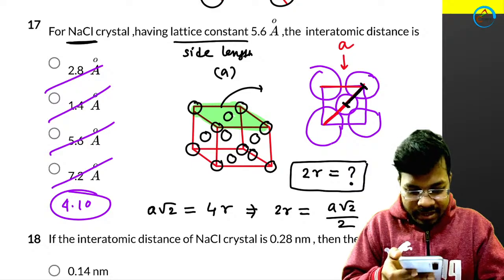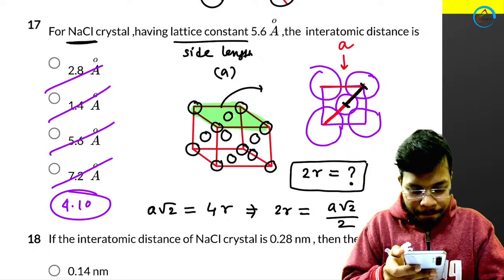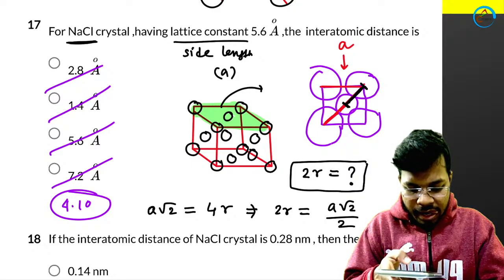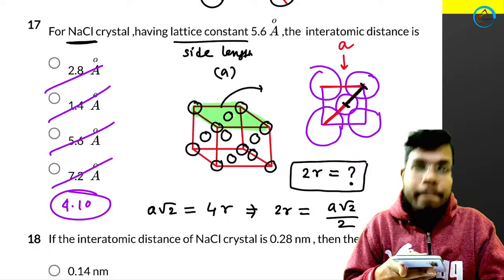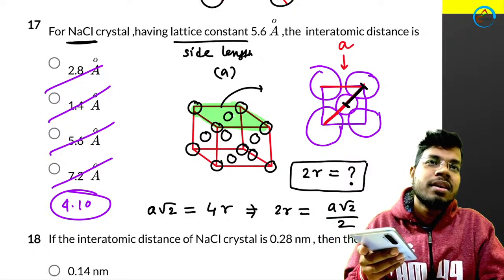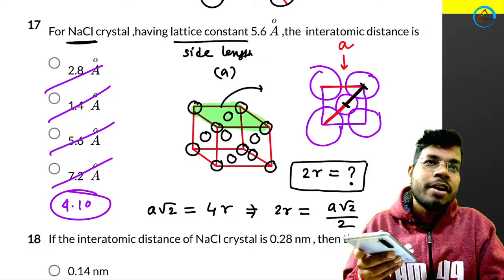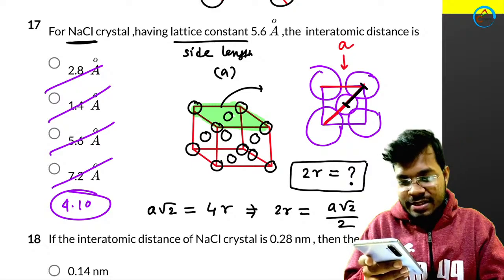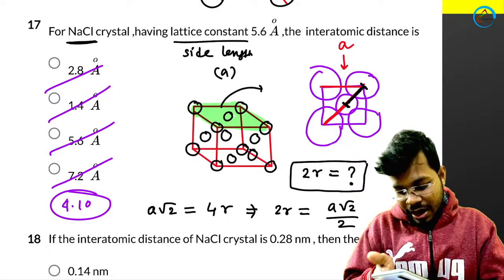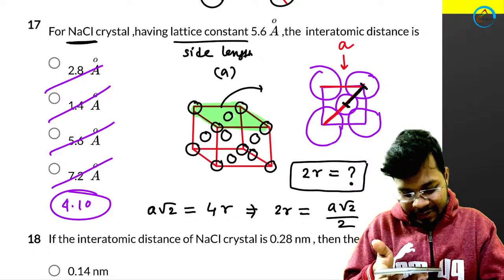If I did, then please tell me. Some of you are saying 2.8, some of you are saying 3.95. Why is this much confusion being generated?